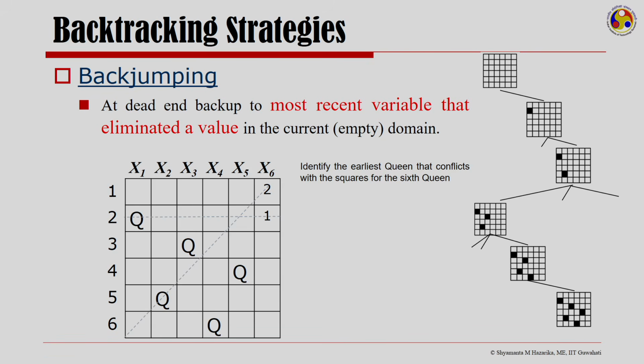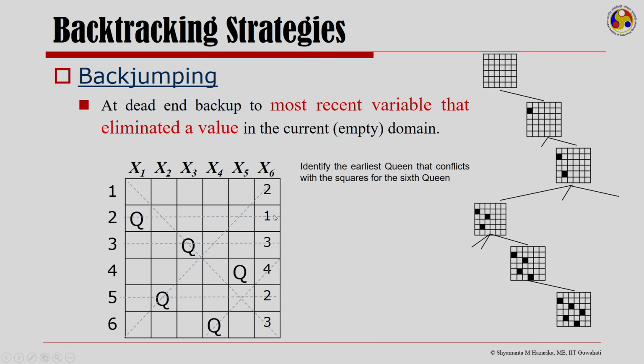So the third position is covered by the third queen. The fourth position is covered by the fourth queen sitting here. So that's the earliest queen that conflicts with the square for the sixth queen. Then for the fifth square, I have the second queen, and for the final, I have the third queen.